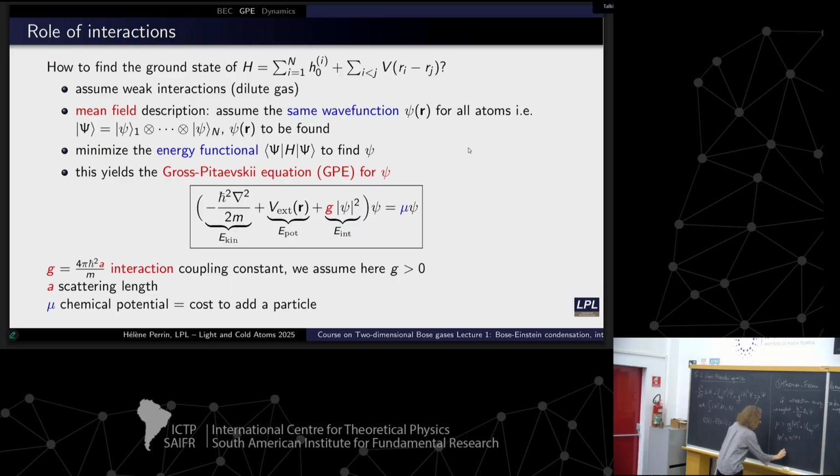And the solution is simply that the density is given by 1 over g times mu minus the trapping potential.